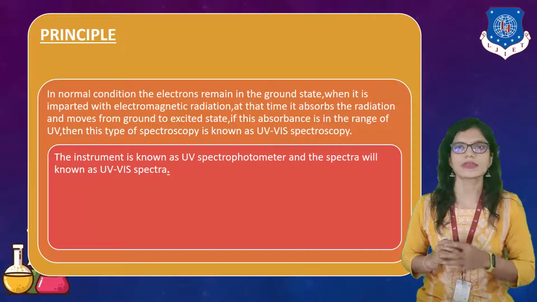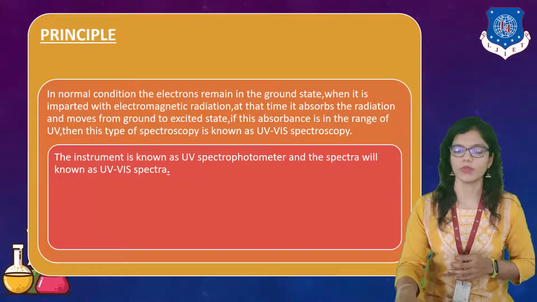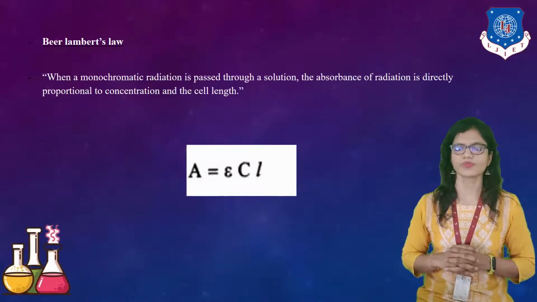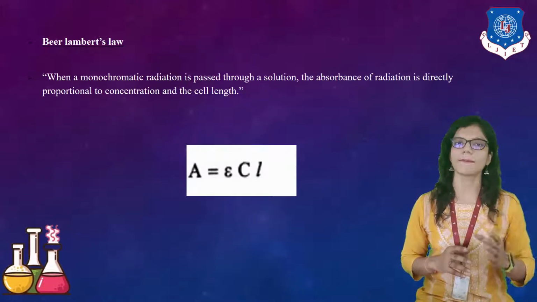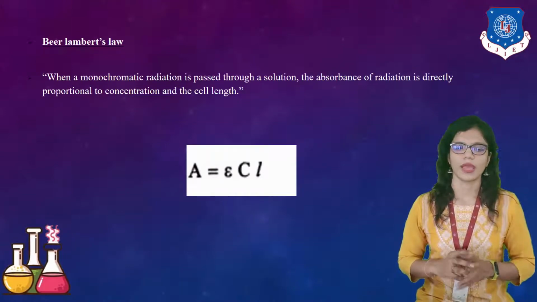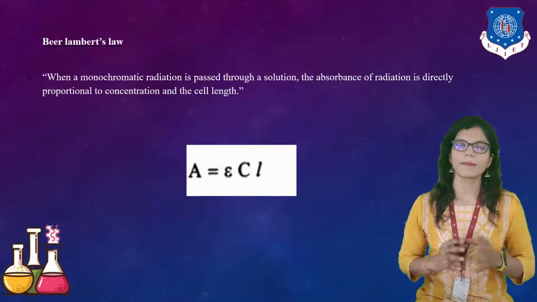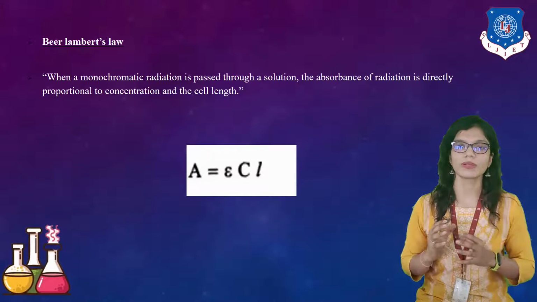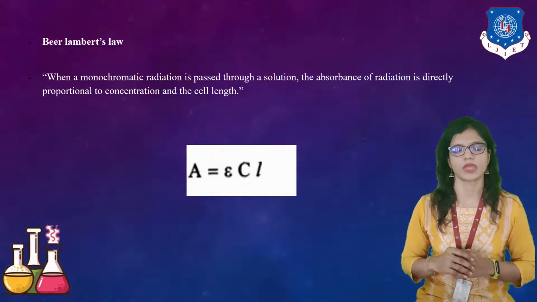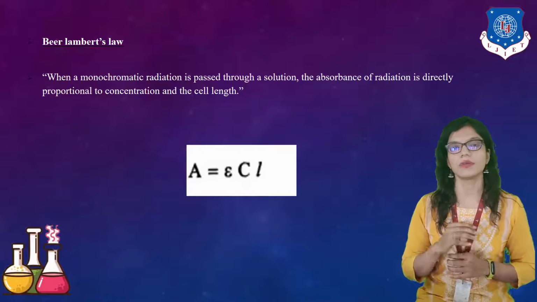These are the things that we need to make sure of when we move ahead with this. The basic principle of UV is Beer-Lambert's law. What is Beer-Lambert's law called, or how does it give us identification? So two scientists are there. Number one, a scientist named Beer.